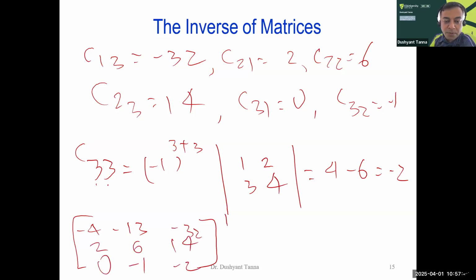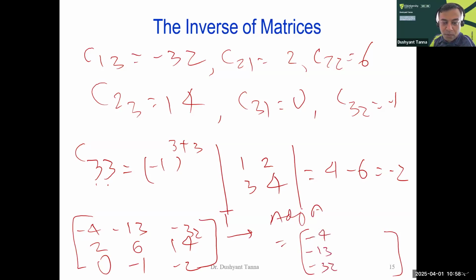That transpose is adjoint A. First row is the first column, minus 4, minus 13, minus 32. Second row is second column. Third row is third column.